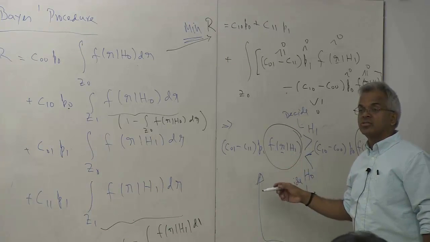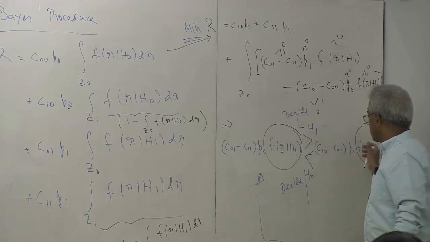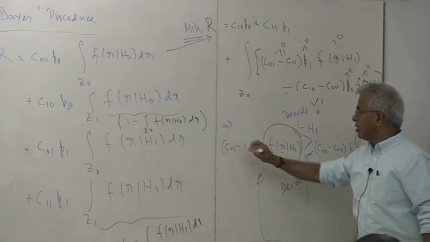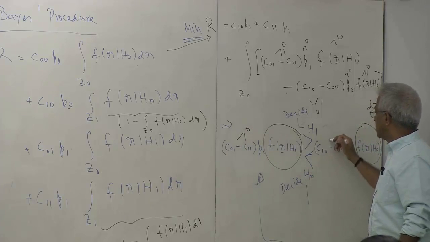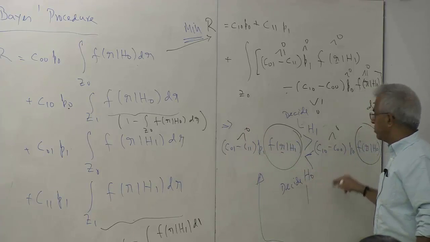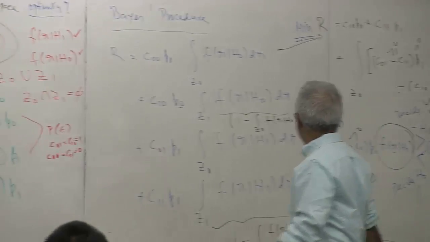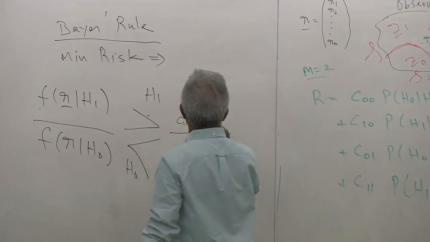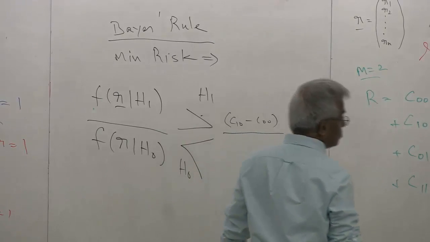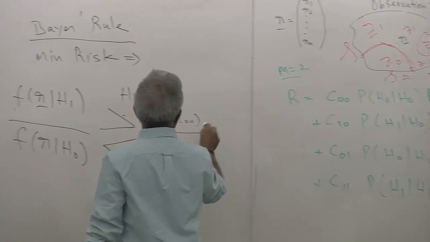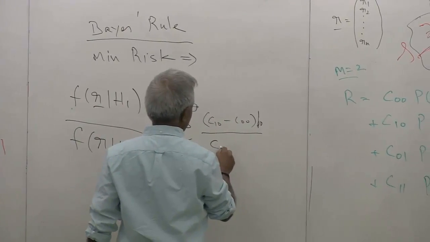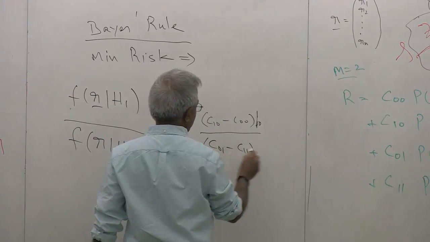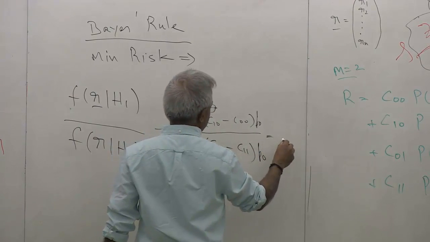The density functions are non-negative, so I can divide by that. This quantity, remember, we already said is positive, so I can divide by this also. So this is C10 minus C00 multiplied by P naught divided by C01 minus C11 multiplied by P0.